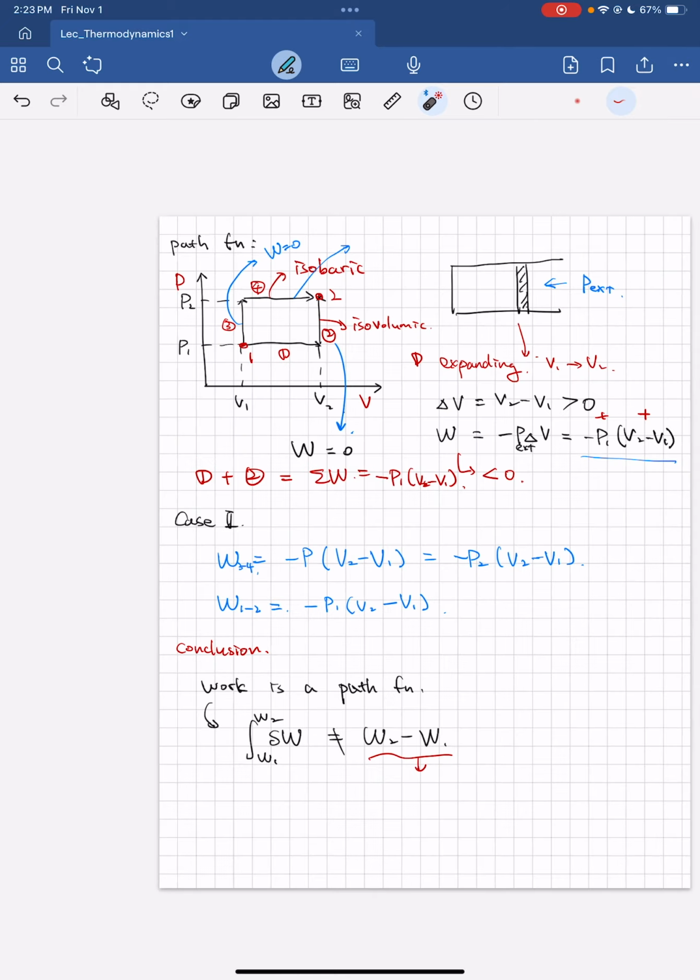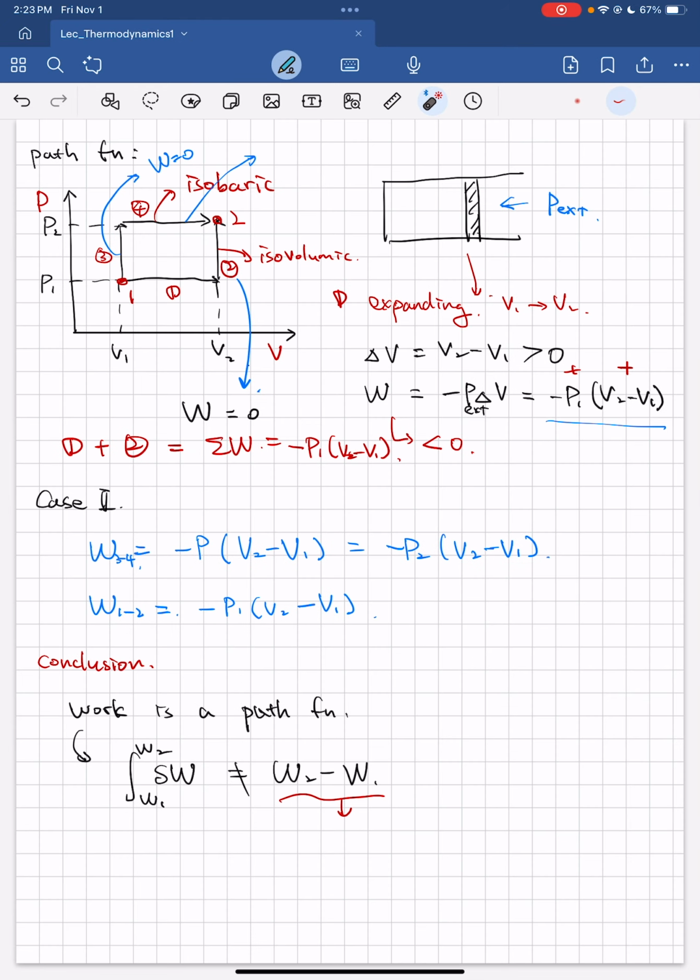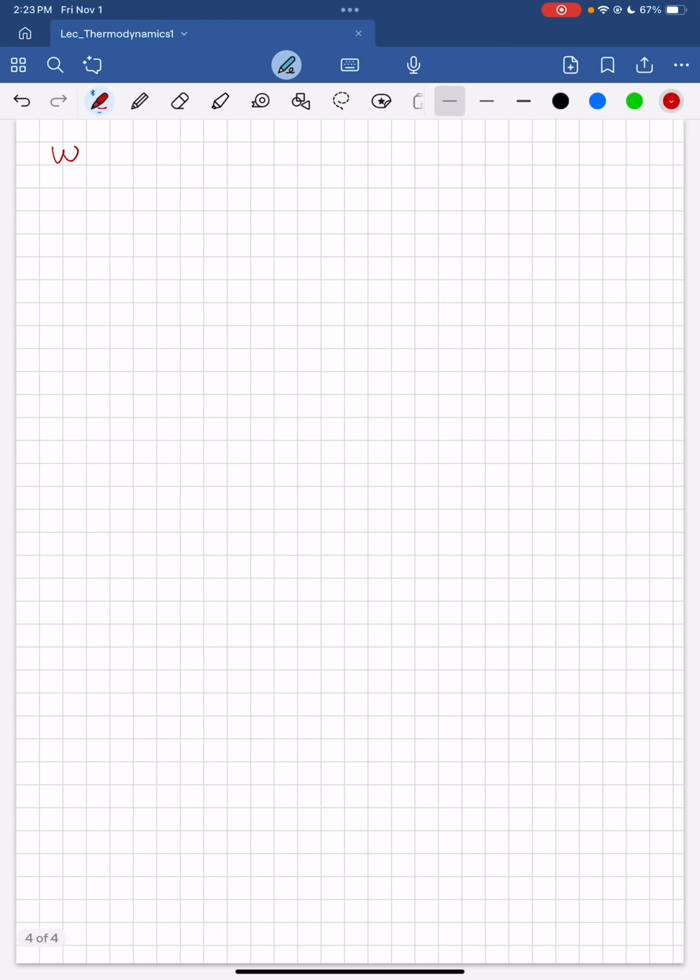Now, why are we talking about state function and path function? It is because we are talking about the first law, delta U equals Q plus W, right? We just concluded that work and heat are both path functions, while internal energy is a state function. This is why we are talking about it.